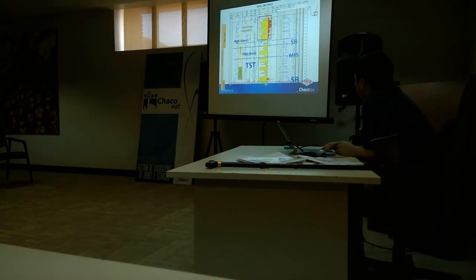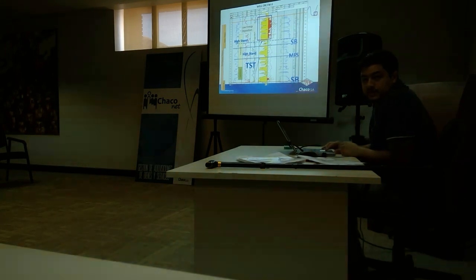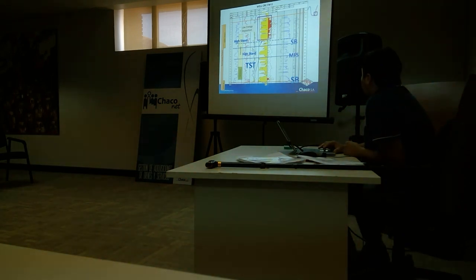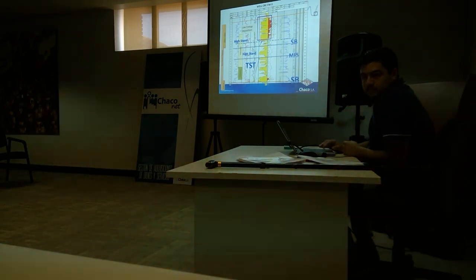We can see an upward trend on the gamma ray from here, which has been defined as a transgressive system tract, until we have defined the maximum flooding surface, which is the highest peak of the gamma ray here, and a new start of the trend in the characterizations of the sand. So we will have a high stand in this part, where we have seals, which could explain the difference in pressure of the lower Petaca and the upper Petaca.